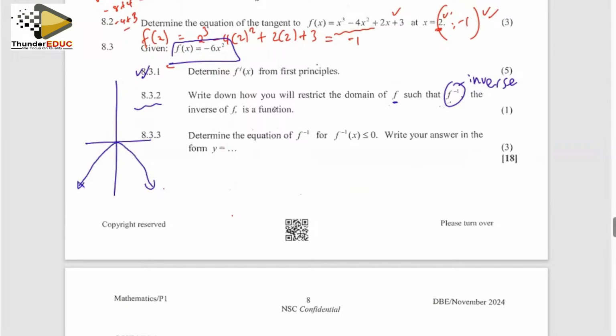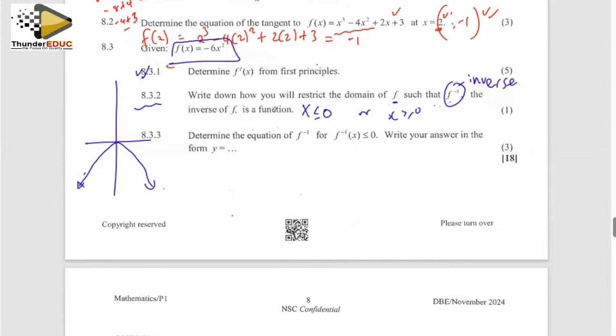If x is 0, y is 0, so like that. So for us to restrict this, either x must be less or equal to 0, so that we have just this negative part, or we can use x greater or equal to 0, so that we have this other one for the positive section.